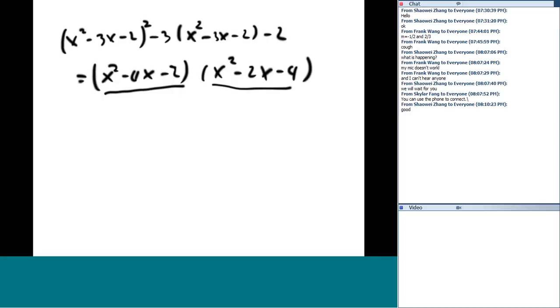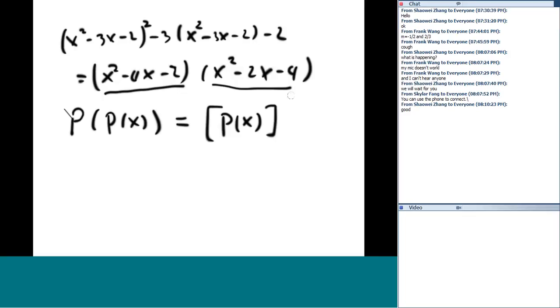Okay, this one is pretty easy actually. So basically it's saying P(P(x)) equals P(x) to the k, to the k power. So you have two cases.